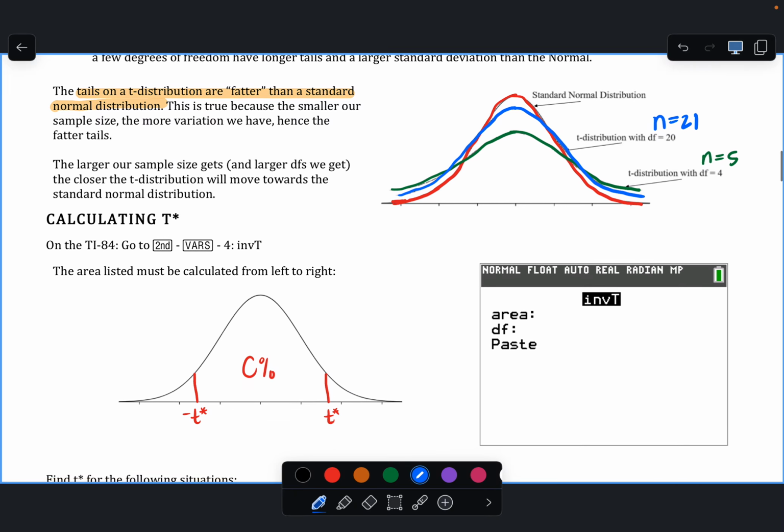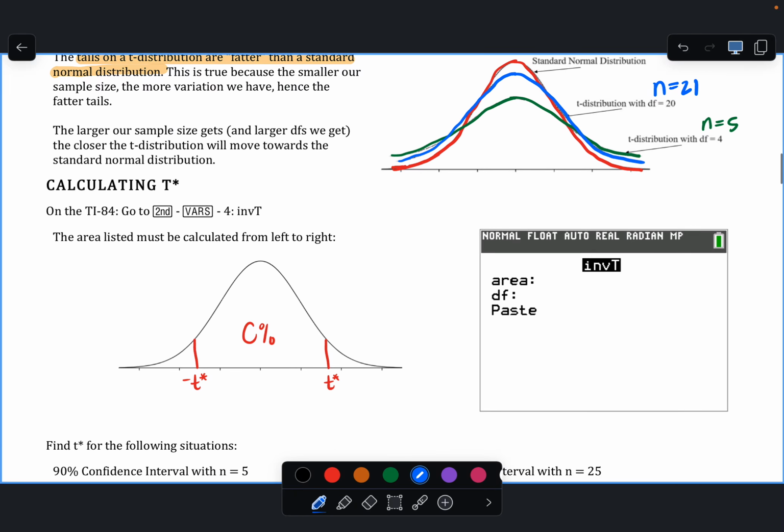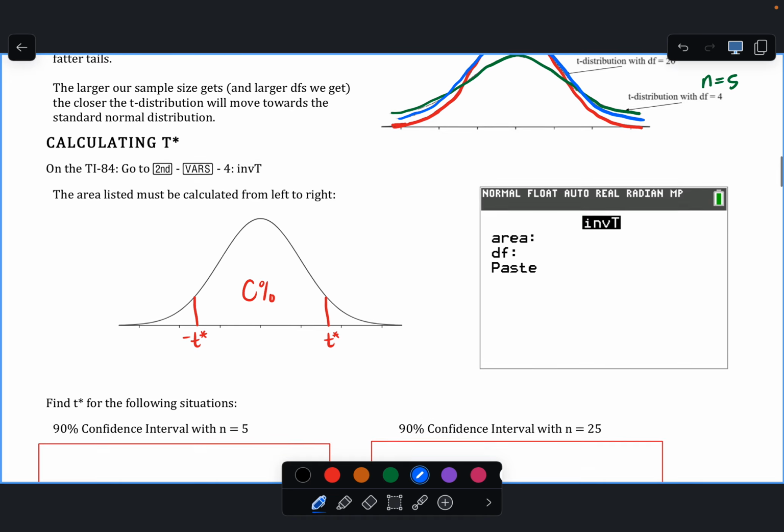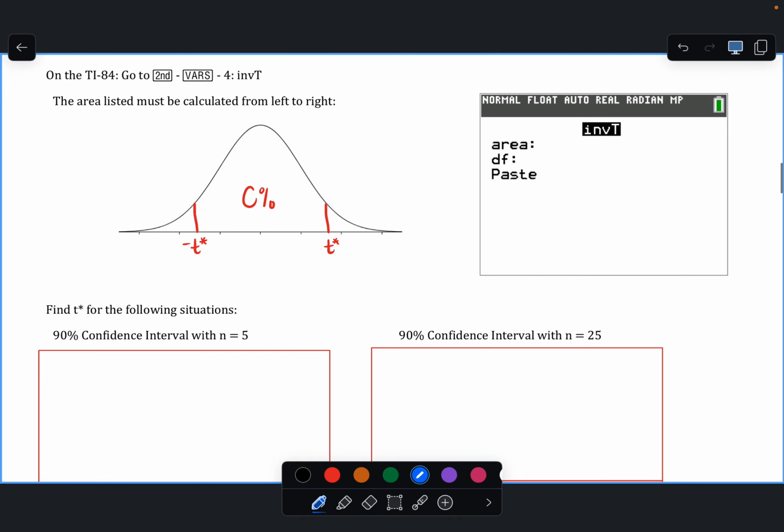Now, I want you to not worry too much because it functions exactly the same way. It is a critical value. It is a bounds for a confidence interval. When you go in and you are trying to find the T star values for a certain confidence level, the area is always in the middle.